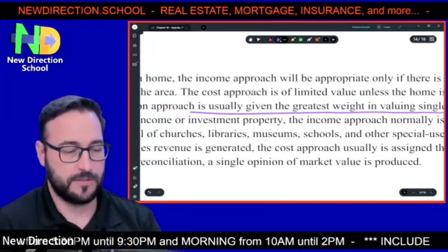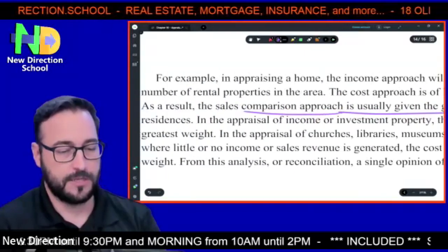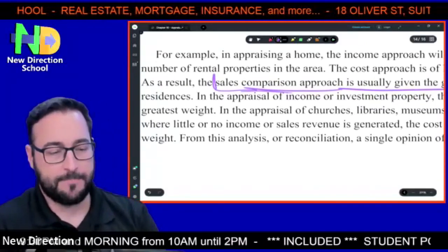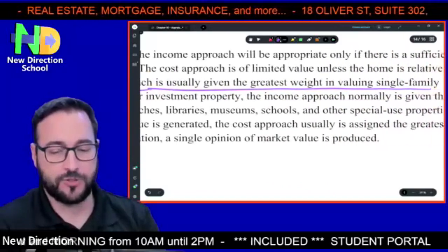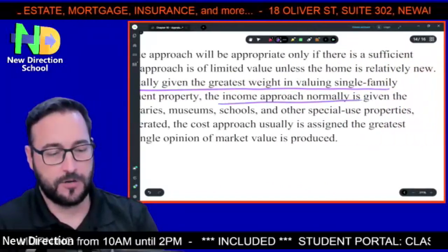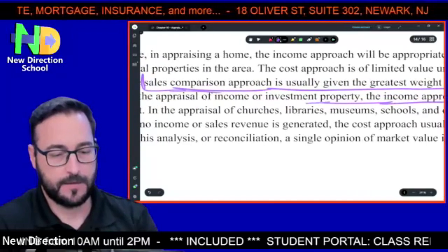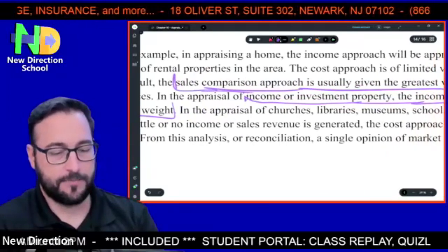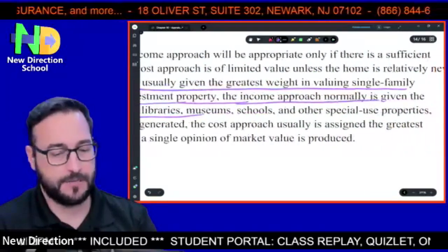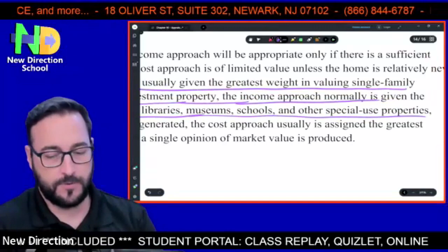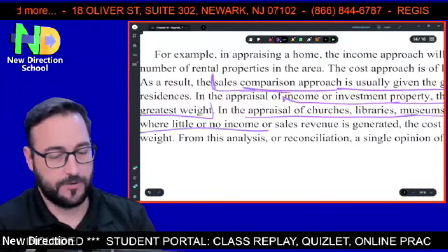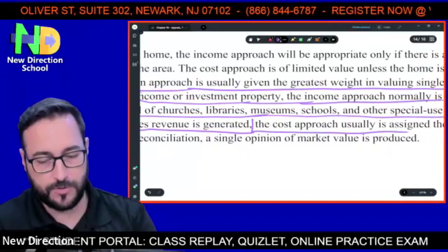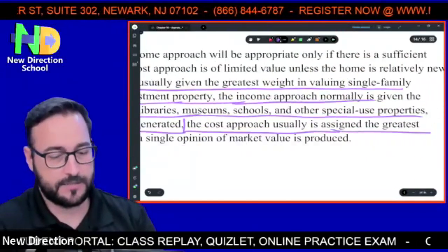So the sales comparison approach is best for residential property. In the appraisal of income or investment property, the income approach is normally given the greatest weight. And in the appraisal of churches, libraries, museums, schools and other special use properties where there's little or no income, the cost approach is usually assigned the greatest weight.